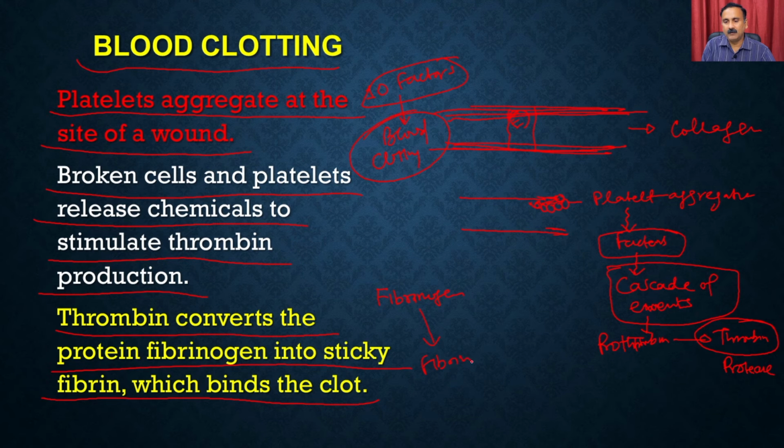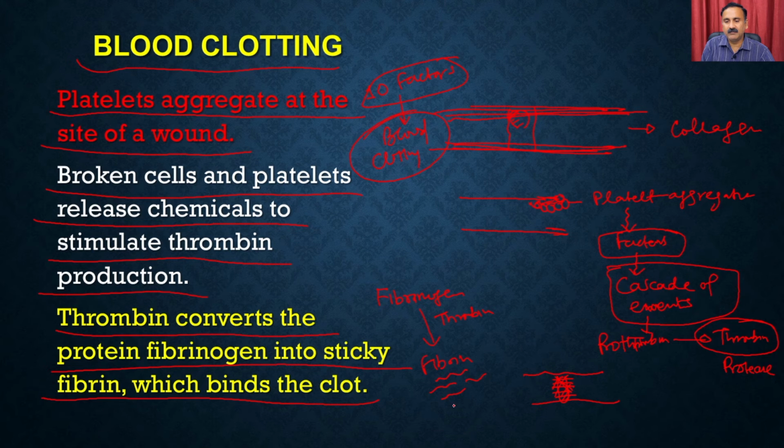Fibrin is a fiber-like protein, and that happens when there is production of thrombin. Once the fibrin is formed, it is going to cover up that portion which is damaged, and it is going to form a mesh.